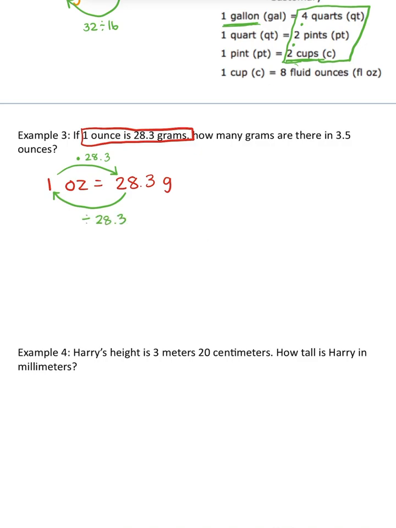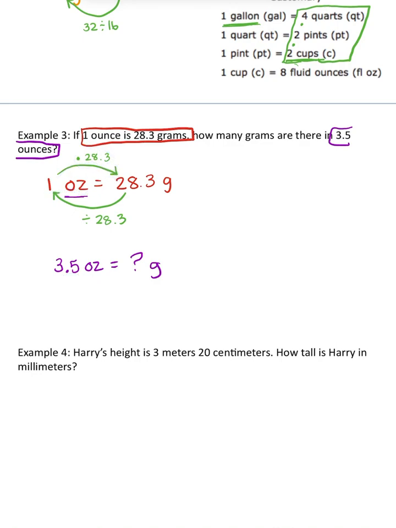The third number in the question was 3.5 ounces. So that one's on this side this time. So I write 3.5 ounces equals how many grams? So in this situation, I have the ounces side. I need to go this way. So I'm going to be multiplying.